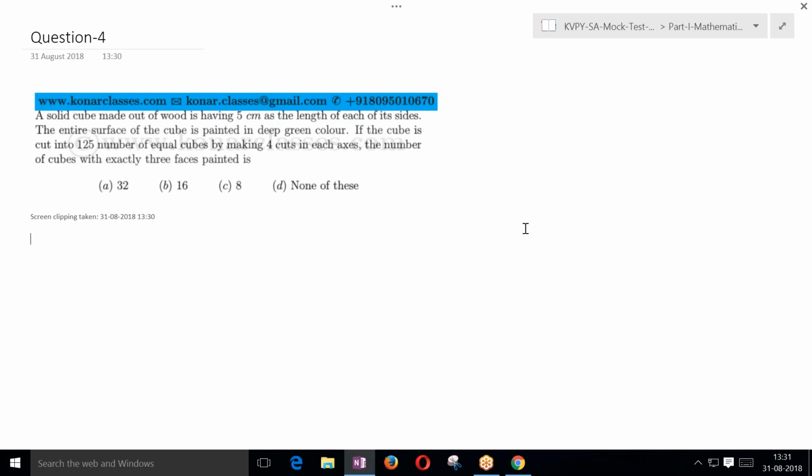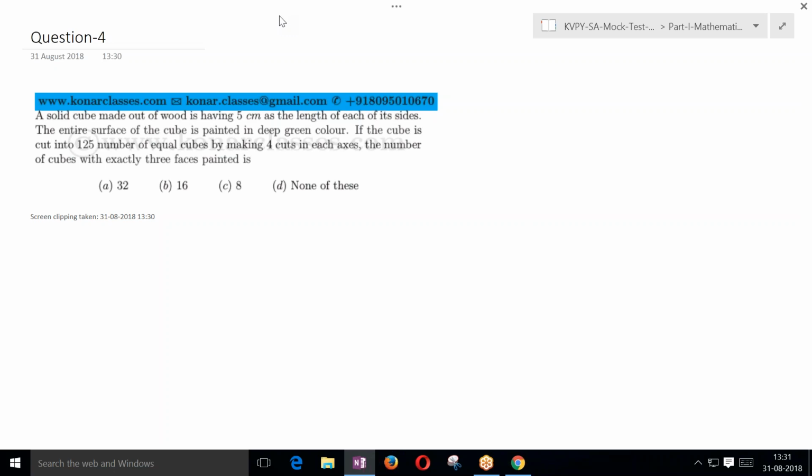So now, the cube and the coloring of its different faces we can discuss in more detail in a separate class. But one thing I can tell you is that this is one of the very classical problems, and you should be very well thorough about it. So I'd like to discuss something with you before giving the answer.